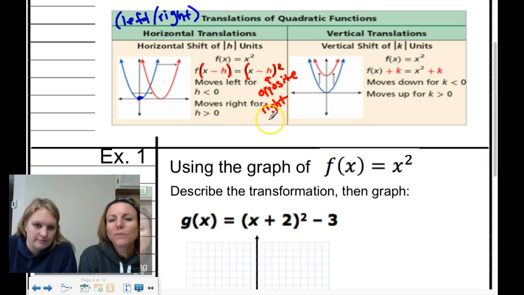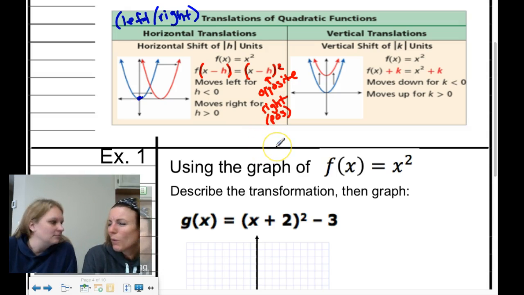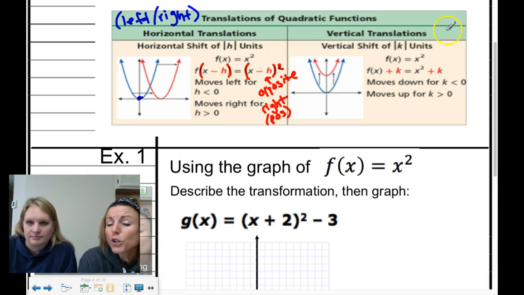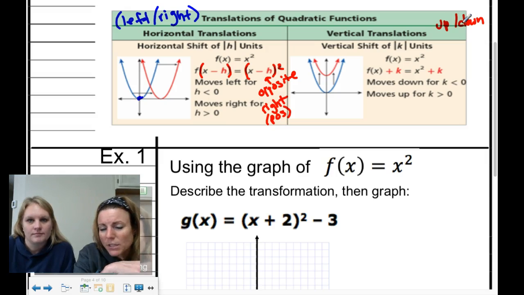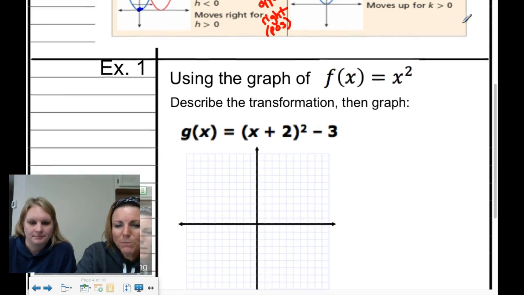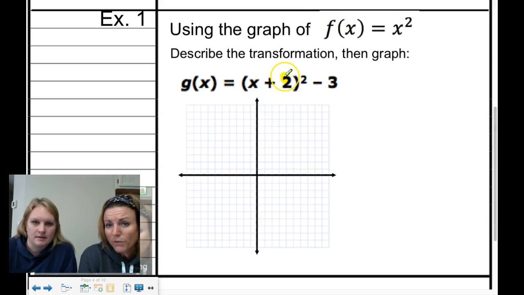If you see a plus h, that means negative, to the left. With an example, I think it will be way more clear. Vertical is really easy because vertical refers to your k value and it's up or down. Remember, h is what's in the parentheses with the squared, and k is outside. So let's do our first example, using the graph of our parent function.